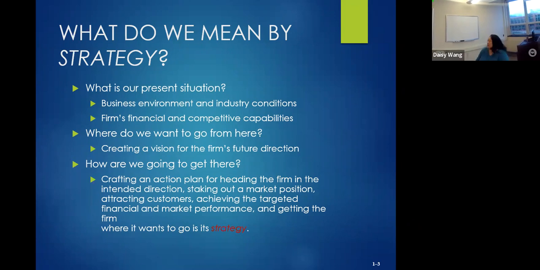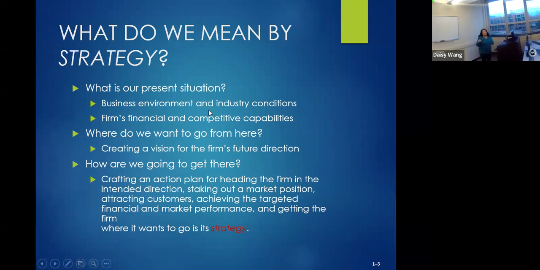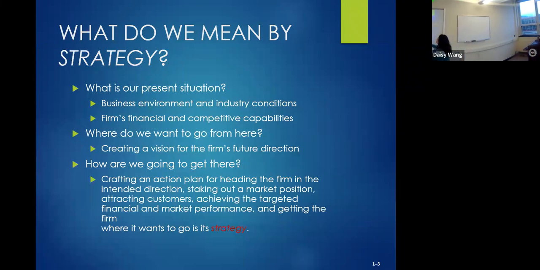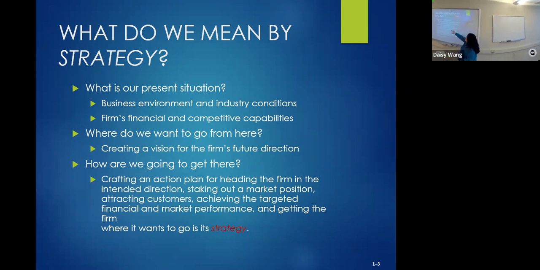How do we do that? We are going to create some kind of action plan to help the company move in the direction they want to. So that's basically what the strategy is. The next chapter, we are going to talk about the vision statement, the mission statement, and then how are we going to go from here to there.